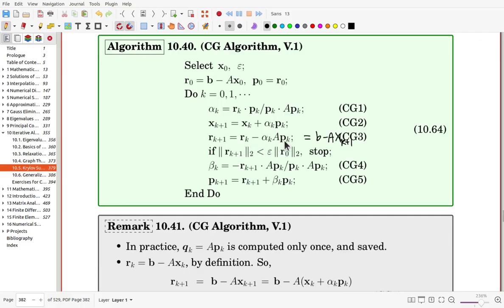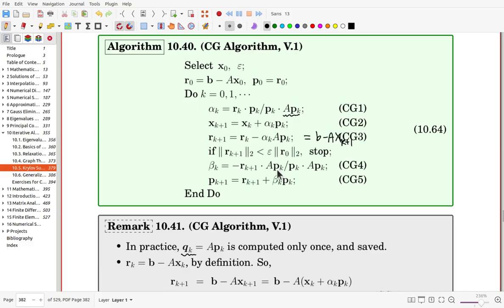The reason is, in the beginning, we may make this computation, the matrix-vector computation, and then we save it into an array like that, and then once it is required, then we use it. So here we can use it also. You can use it here and you can use it here.